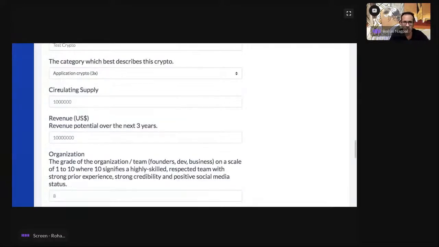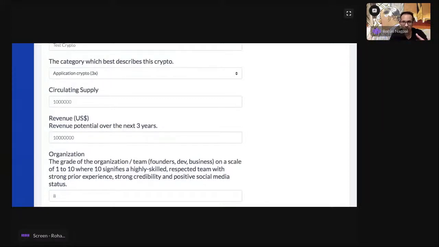Then we need to get the circulating supply. As you all know, circulating supply means how many tokens are available in public hands. One very important thing to remember: today this may be the number, but we also need to figure out when the vesting period is getting over, which means when certain coins that may be locked for the promoters and initial investors are going to open up.